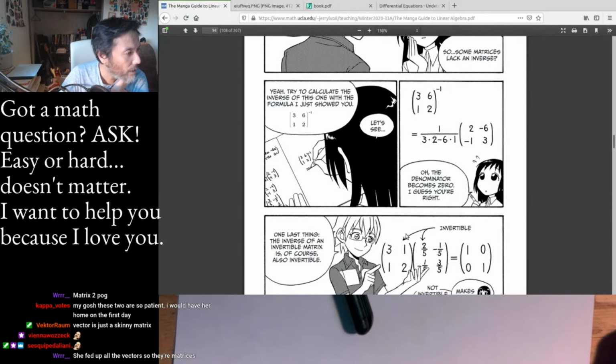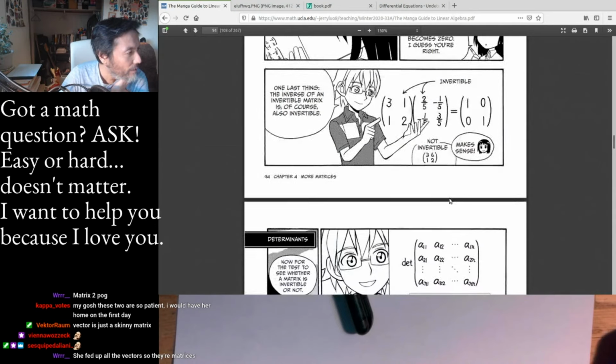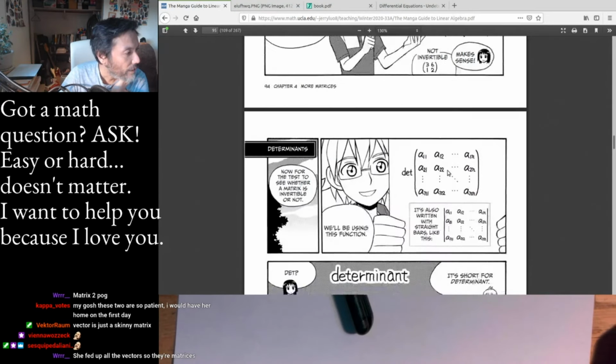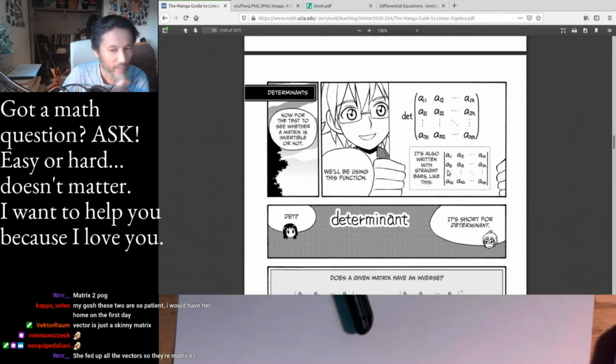Oh, the denominator becomes 0. Okay. Determinants. This is linear algebra done wrong.